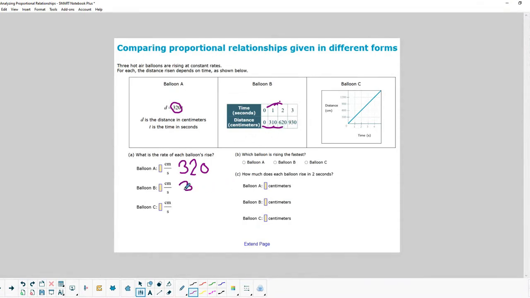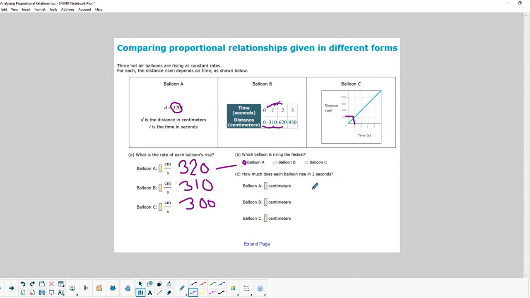So this is rising at a rate of 310 centimeters in a second. And in our last balloon, just by looking at the graph, we can see that in 1 second, this one has risen 300. So this is 300 centimeters a second. So the fastest balloon would be balloon A, because it would have gone up 320 centimeters.